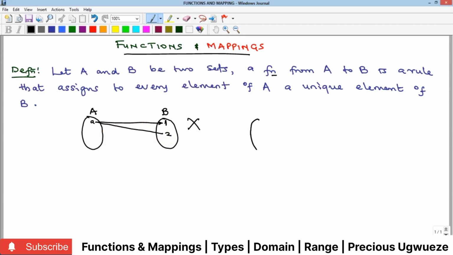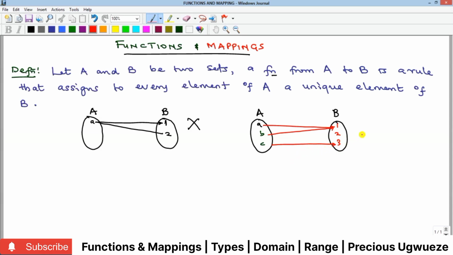So if I have something of this nature, a set A, and then another set here, B, and I have the elements here, a, b, c, and the elements here are let's say 1, 2, 3, 4, whatever. Then I have a mapped to 1 and b is mapped to 1 also, and let's say c is mapped to 3.